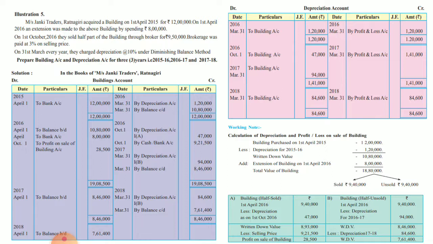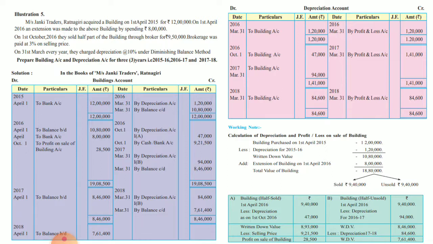On 1st October 2016, they sold half part of the building through a broker, the agent who sells the building, for rupees 9,50,000. The brokerage paid is 3% on the selling price.